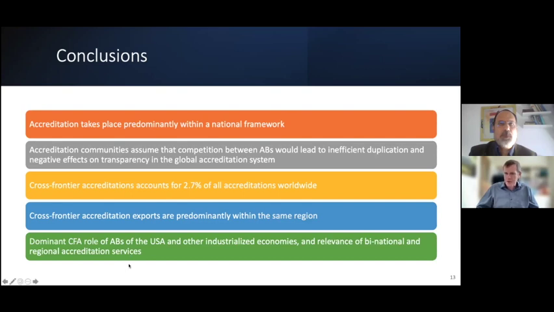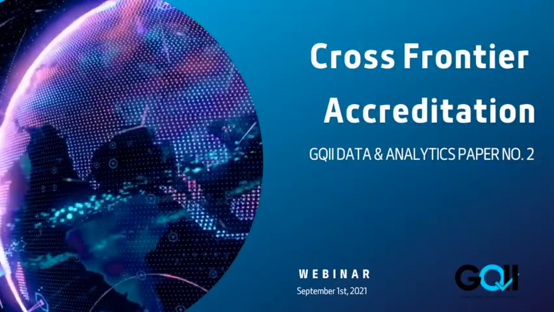And on the other hand, and this will also be part of this discussion here, we have an increasing relevance of binational and regional accreditation services and also corporations. Thank you very much.